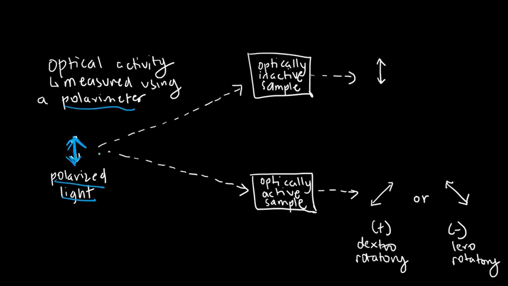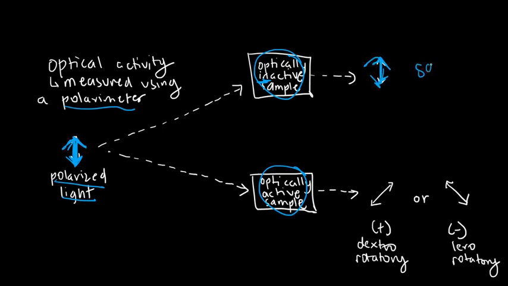Okay? Let's say I try to compare an optically inactive sample versus an optically active sample. So what will happen to this polarized light that moves in only one direction? If my polarized light goes through an inactive sample, meaning nothing happens, it will stay the same. The angle is exactly the same as the original.